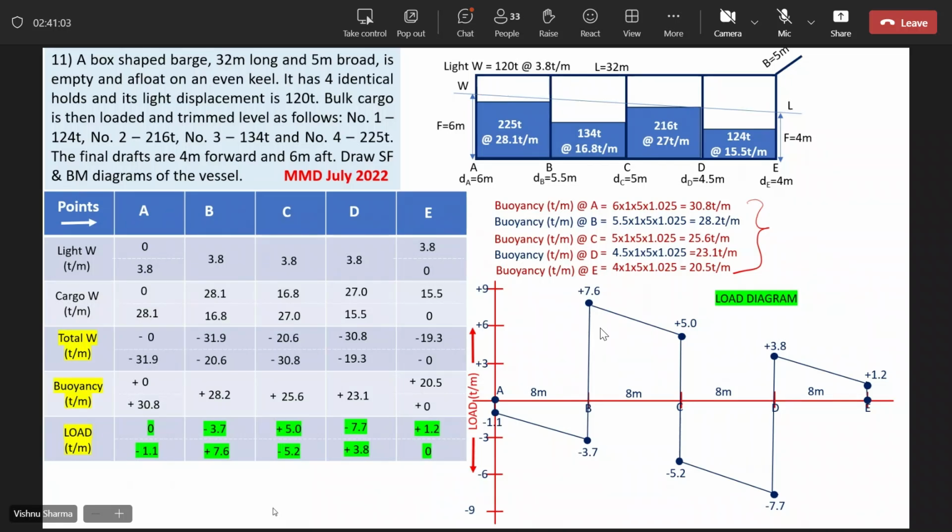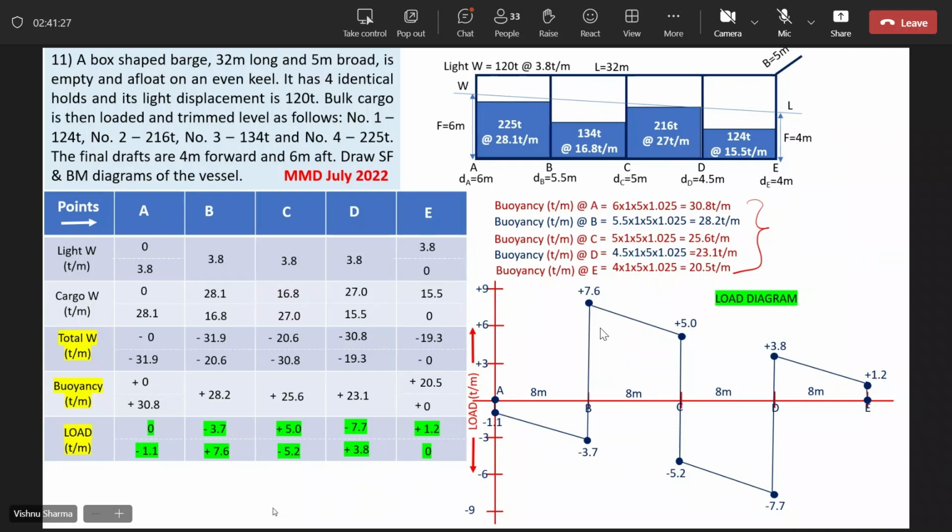Yes, sir. Now, guys, yesterday also we discussed how much should be the shearing force at the ends and how much is the bending moment at the ends, free ends. At the free ends, I didn't say 0. Now the ship, both the ends are free. Now shearing force has to be 0 and we are going to use the load diagram to get shearing force.